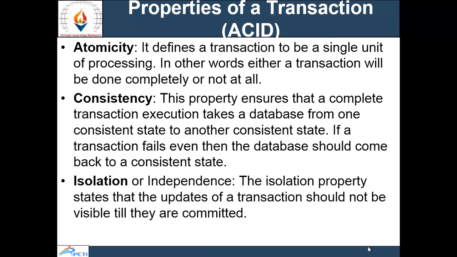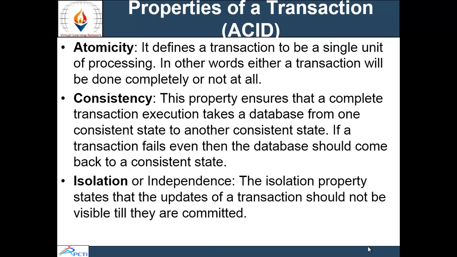Now, atomicity. What is the meaning of atomicity? It defines a transaction to be a single unit of processing, meaning execute all the operations of a transaction including commit. That is, all the transaction's operations should be executed, all or none of them.